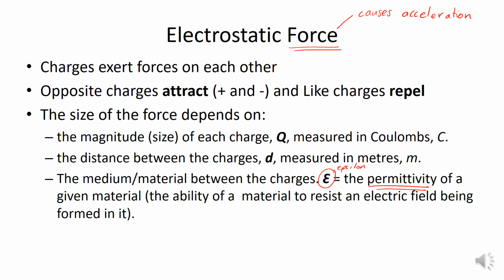You don't have to understand too much about it, except that depending what's placed between the charges, the force can be fully felt or can be dampened or reduced somewhat if you place different materials in between. Okay. And what we've just discussed there is called Coulomb's law.